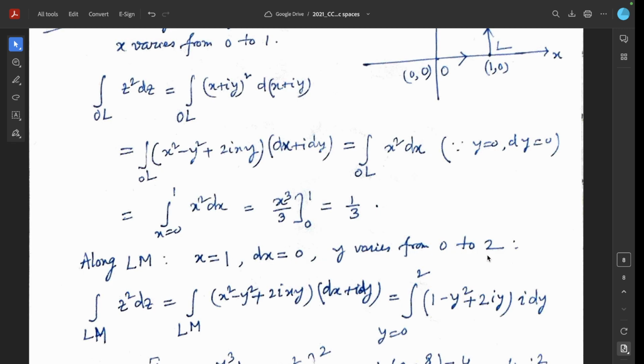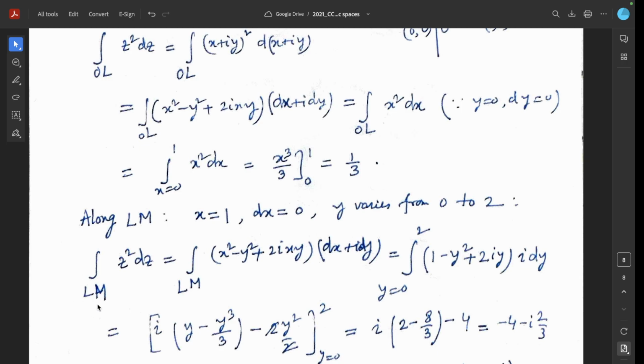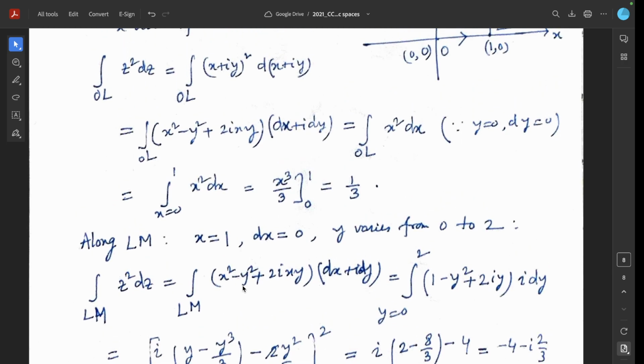So the integration over LM of z square dz, where z square is x square minus y square plus 2ixy, into dx plus i dy. Put here x equal to 1 and dx equal to 0, so we get the integral of (1 minus y square plus 2iy) i dy.